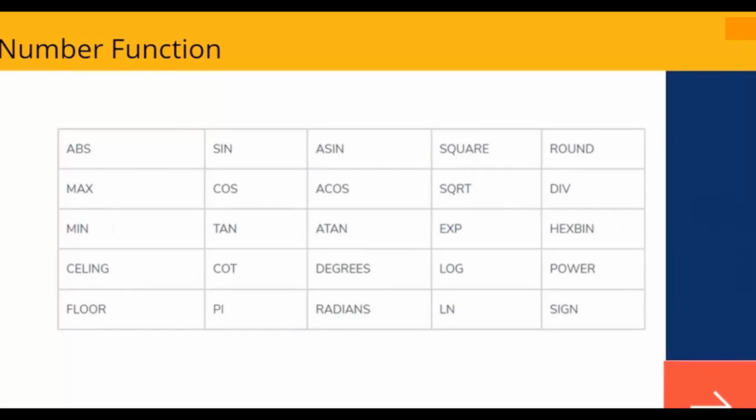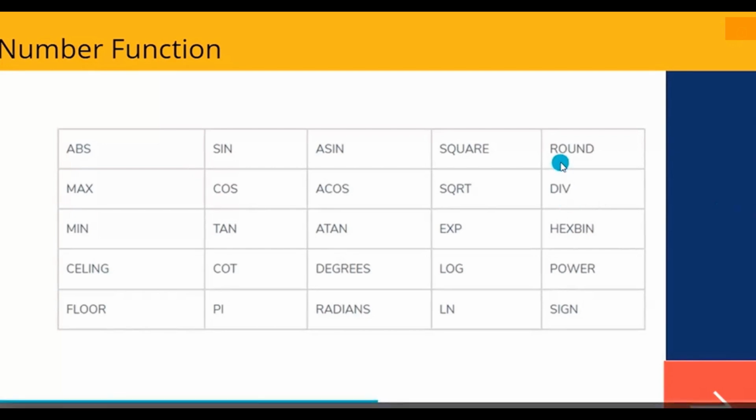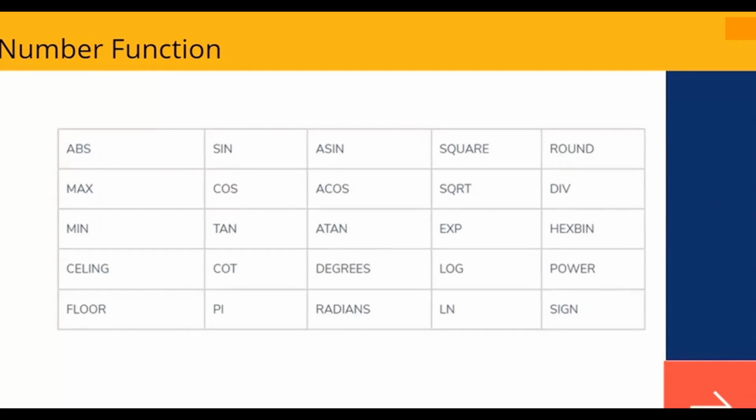Anything which contains numerical values, you will make use of number functions. Suppose you want to calculate square root, power, exponential, all of these things you can do with number functions. This is useful, for example, when you are dealing with a bank data set and you want to round off the balance of all the customers. Then you will use something called the round function, which is here. So these are some of the common, popular functions in number.